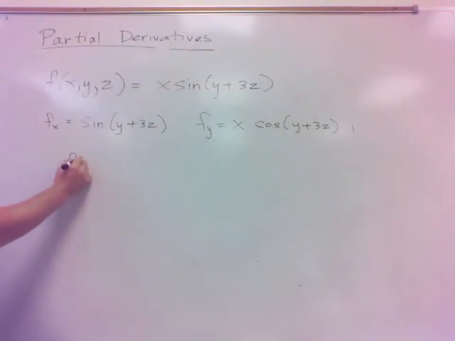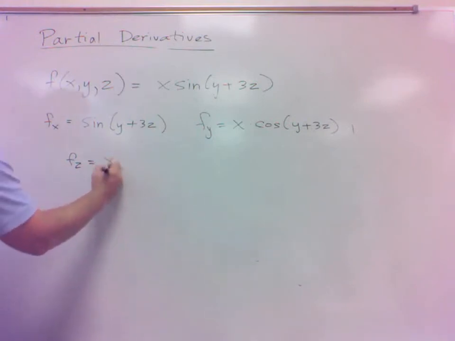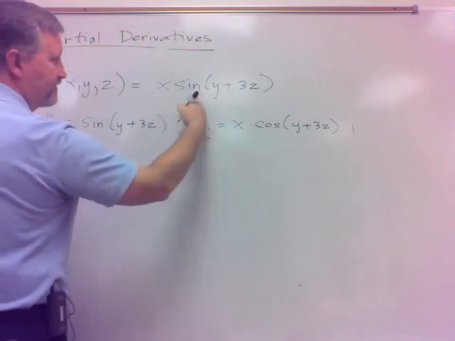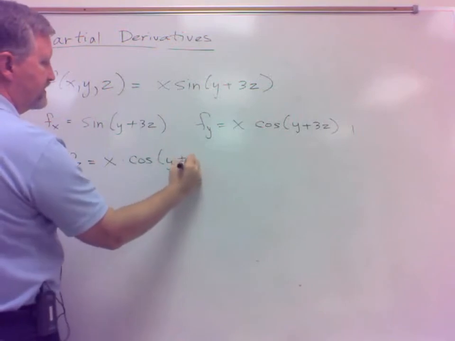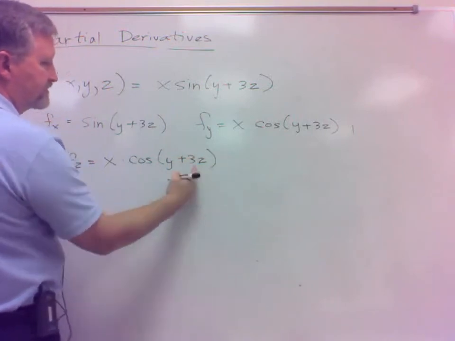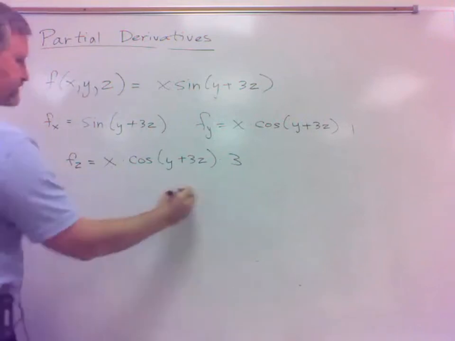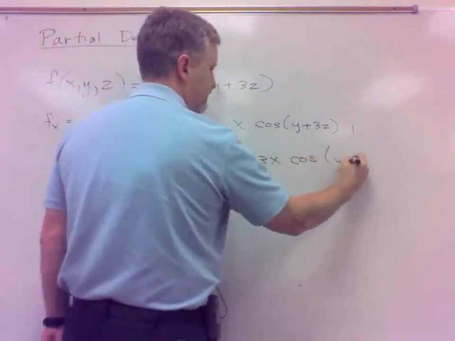And then the partial with respect to z would be same deal, right? Y and x are constant, so it'd be x times the derivative of that, so it'd be cosine of y plus 3z, but it is 3z inside, so the derivative of that would be 3. So 3x cosine of y plus 3z.